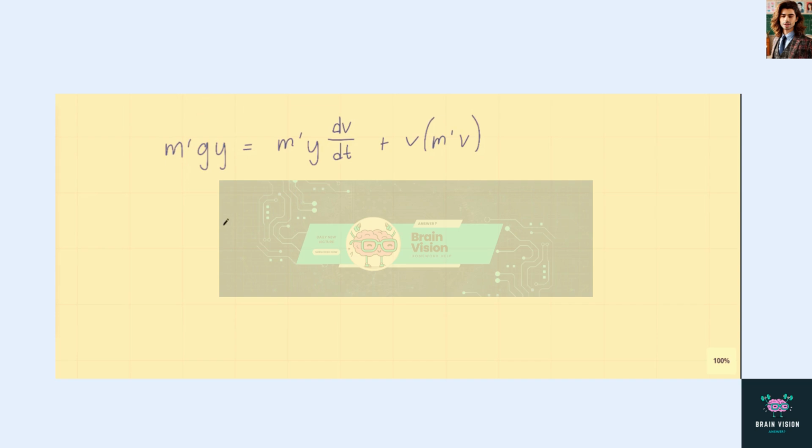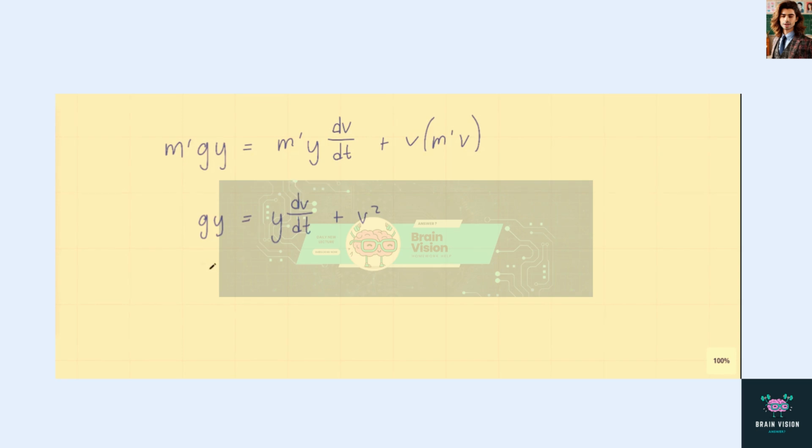So if we divide through by m prime, we are left with gy is equal to y dv/dt plus v squared. Now remember, v is dy/dt, so dt is dy over v.